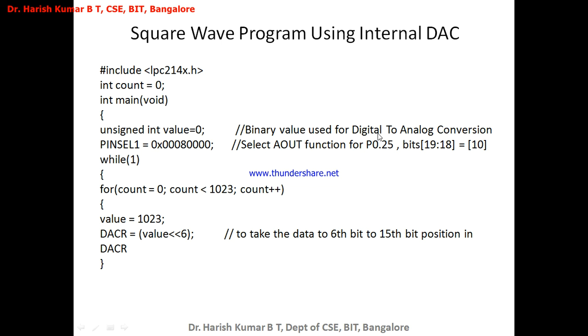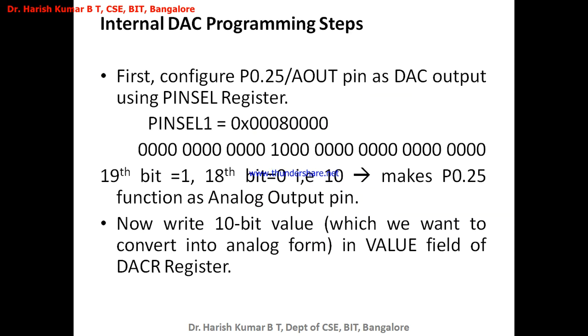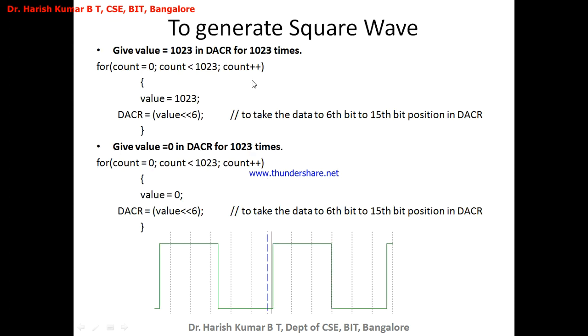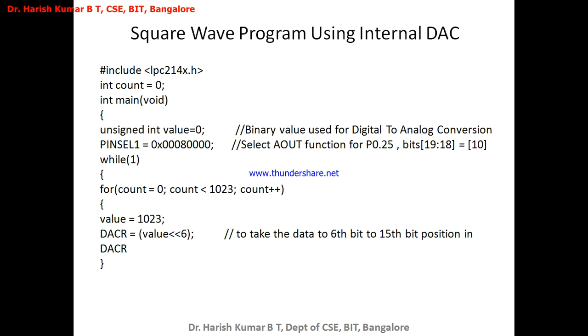And then the first thing that I need to do in the steps I showed you, for programming the internal DAC, is to make P0.25 act as an analog output pin. How to make P0.25 act as analog output pin? By using the PINSEL1 register, because P0.25 is in the range P0.16 to P0.31, you have to make use of the PINSEL1 register, and this is the data.